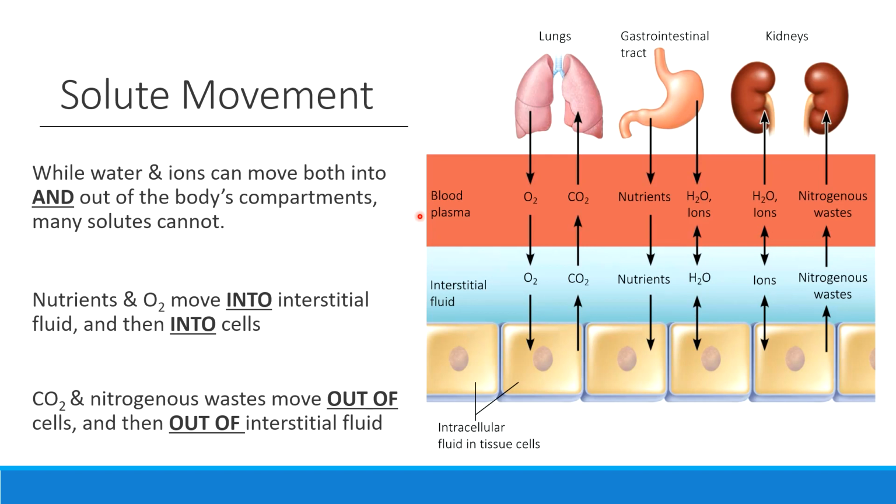So when we're thinking about movement between these different compartments, maintaining homeostasis, remember that water and really small ions can go both directions. I'm going to modulate these things to keep the body at homeostasis. Everything else, my gases, my nutrients, my wastes, they're always only ever going one direction. And that's the direction that the body needs them to be moving.